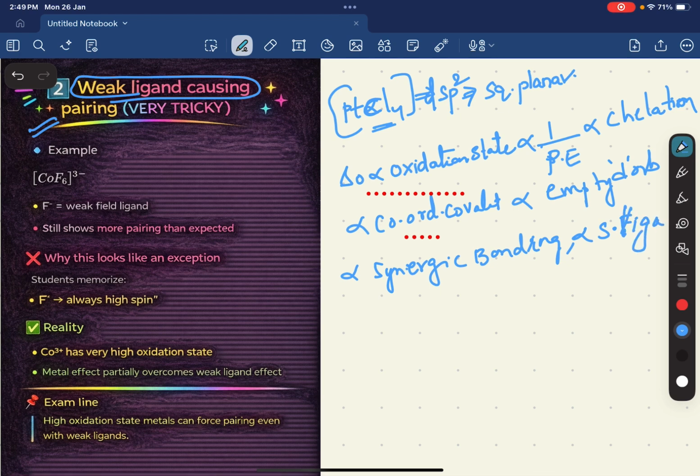So higher the strength, more support for CFSE. So these are the conclusions about this one.